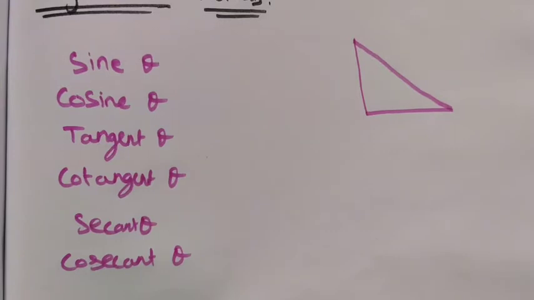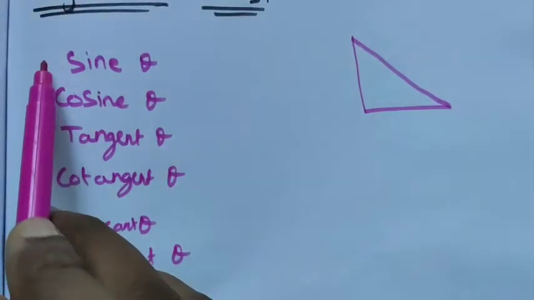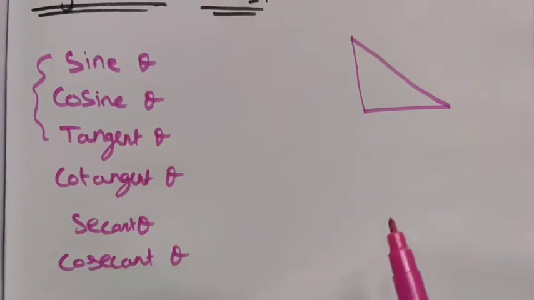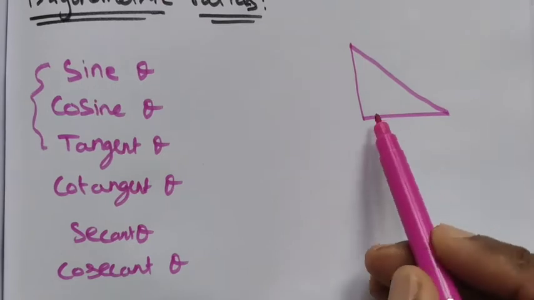These are the ratios. Especially here we have sin, cos and tan as the basics, and I already told you it is only through the right angle triangle.